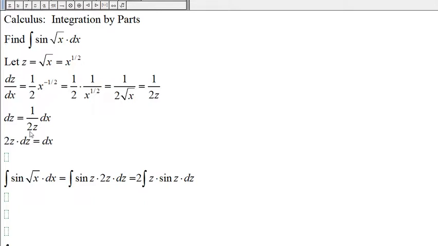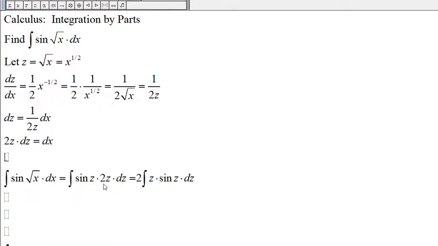Multiply both sides by 2z, then we get 2z dz is equal to dx. So the integral of sine of the square root of x dx becomes sine of z, since the square root of x is z, and then dx is 2z dz.